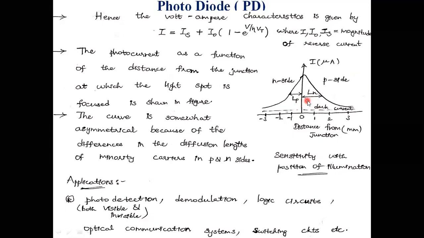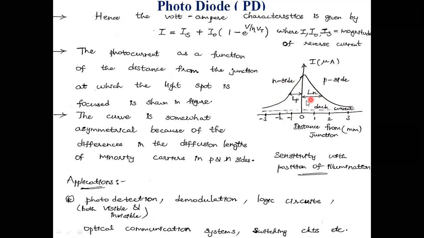In the n-type semiconductor material the electrons diffuse, and we take the minority carriers from the P side. The minority carriers will transmit to the n side, and the minority carriers present in the n side will diffuse to the p side.